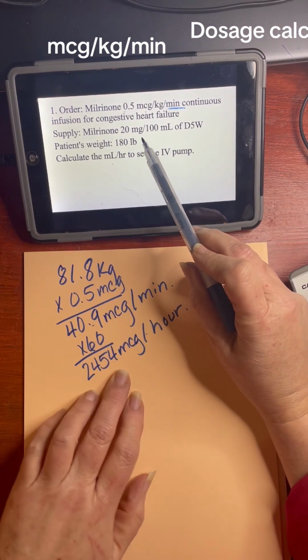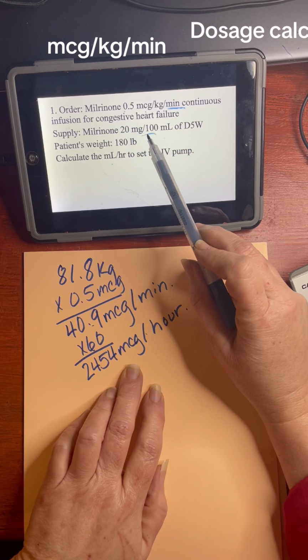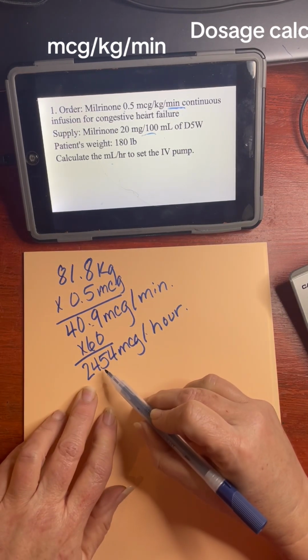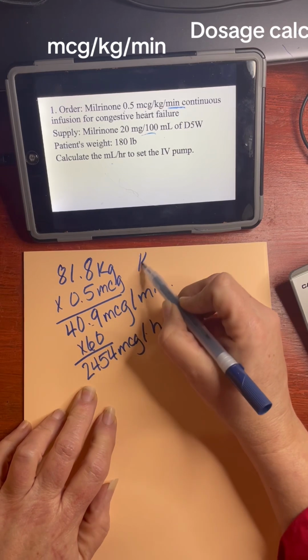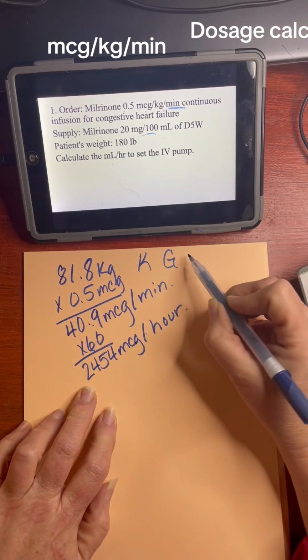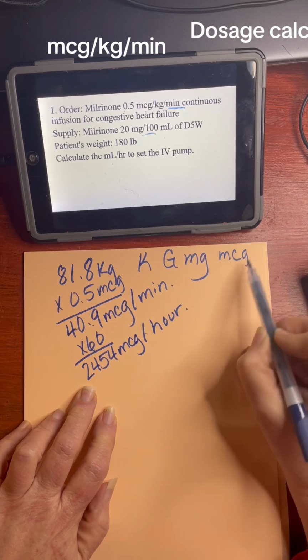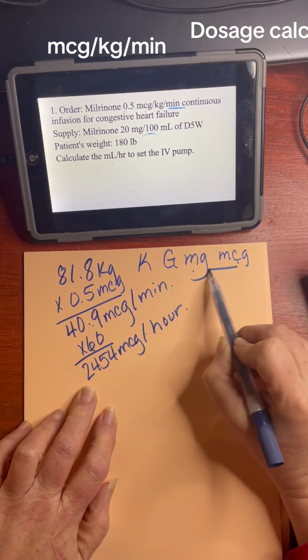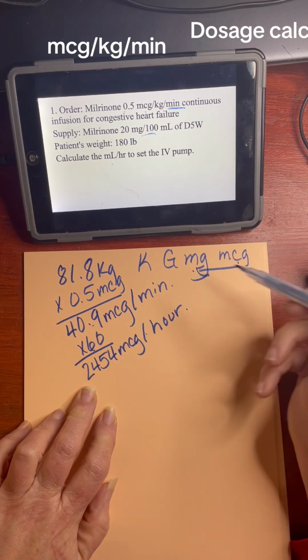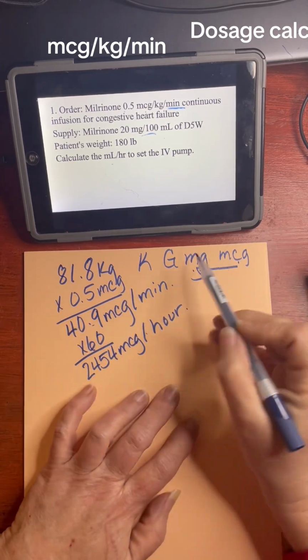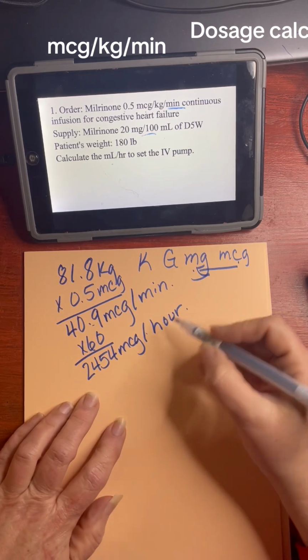But what I have in my hand is milligrams. So I've got to convert these micrograms to milligrams. You remember we got kilograms, we got grams, milligrams, and micrograms. If I'm going from micrograms to milligrams, I'm moving it that away to the left. I have to move 3 places. I'd write that at the top of my page.